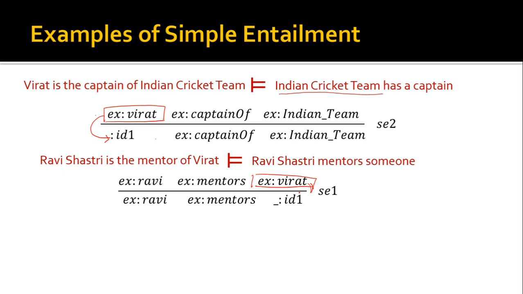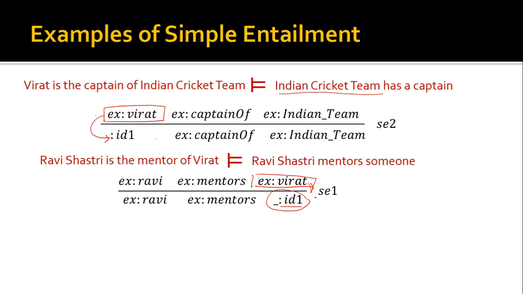Now we can use the same ID, that is ID1, which we used earlier, because we are weakening the same URI, which is EX Virat. So it is okay to reuse this ID1.